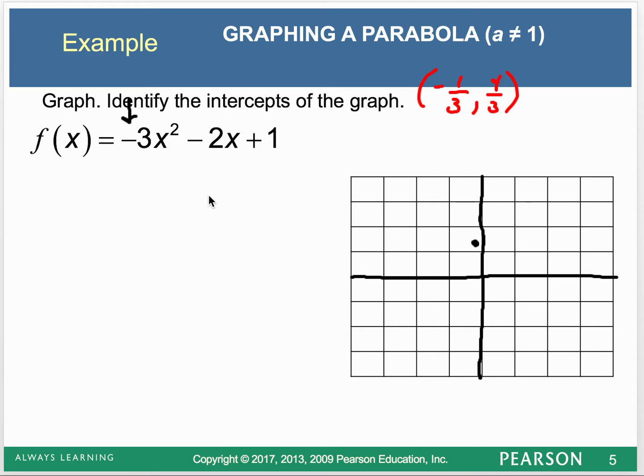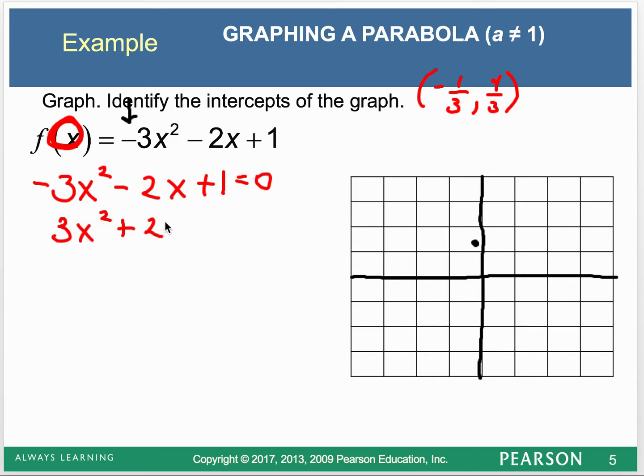Okay, so x-intercepts. X-intercepts are simply, remember what an x-intercept is. It's when y equals 0. When y is 0. So all I have to do is solve the equation when y is 0. So I'm going to try to factor this. I don't like that leading coefficient to be negative.